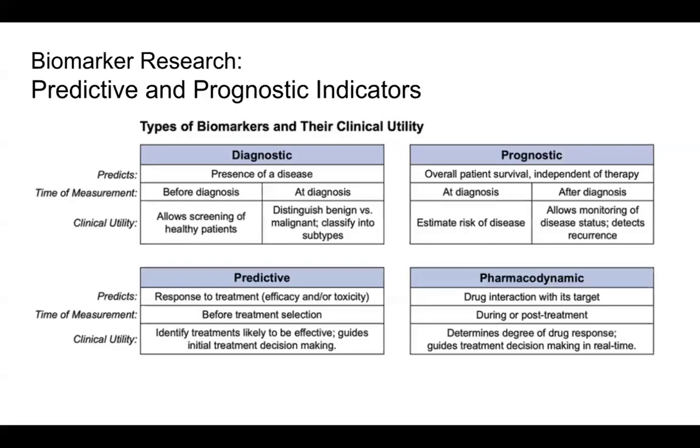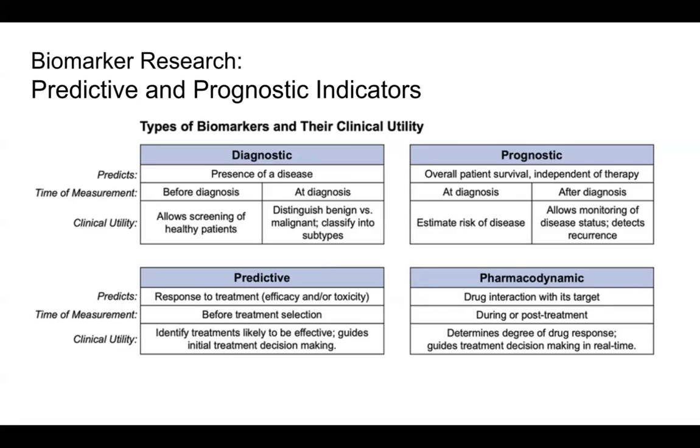Next. So peptide sequencing is also useful for creating predictive and prognostic indicators. So sequencing kasi allows researchers to discover biomarkers that predict disease risk or patient outcomes. So parang yung diagnostic kasi, meron ka ba or wala ka bang sakit?